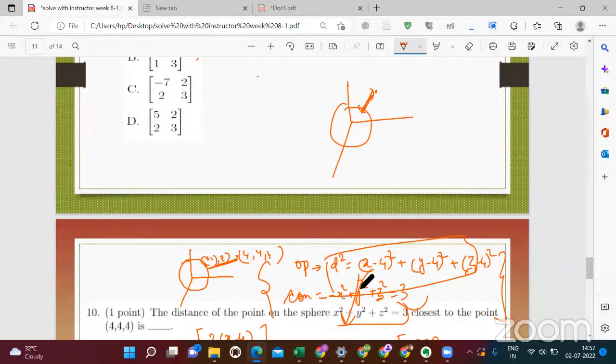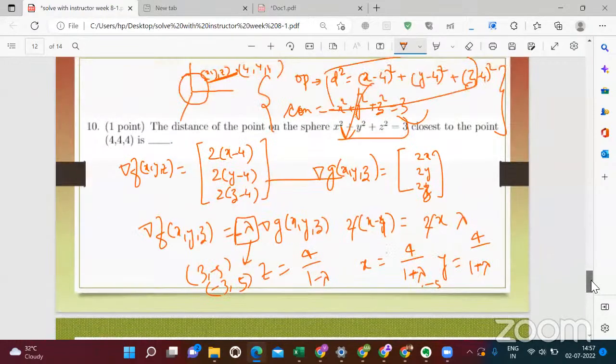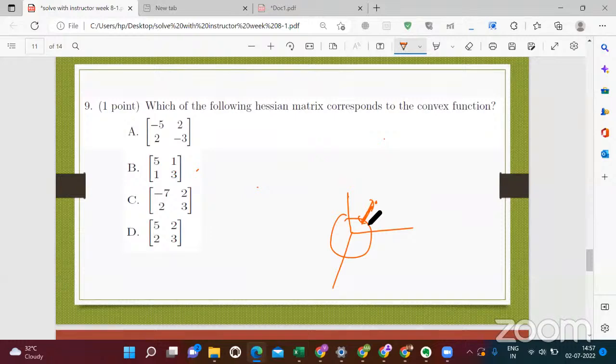There can be other methods also, but in the case of a sphere, you can use basic algebra. You can draw a line from the center to the point, and that will obviously be the minimum, right? And find the intersection with the sphere.